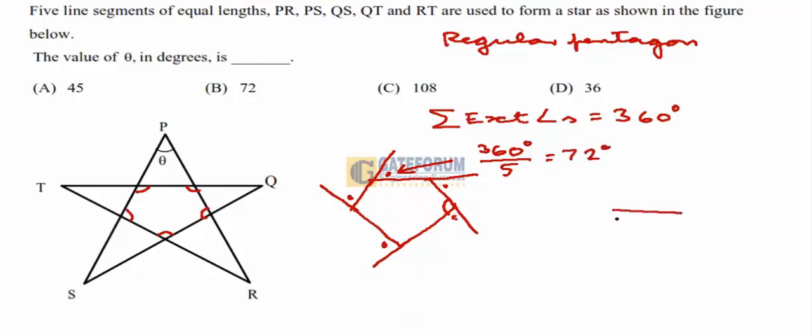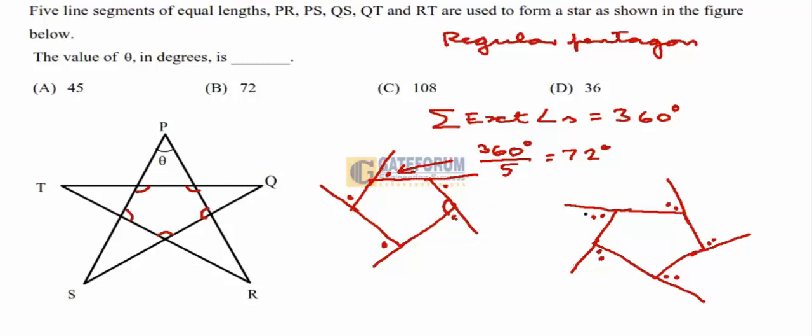Now let us look at the second pair of external angle sets. This time, these are the sets of external angles. See, once again, 5 sets have been formed.